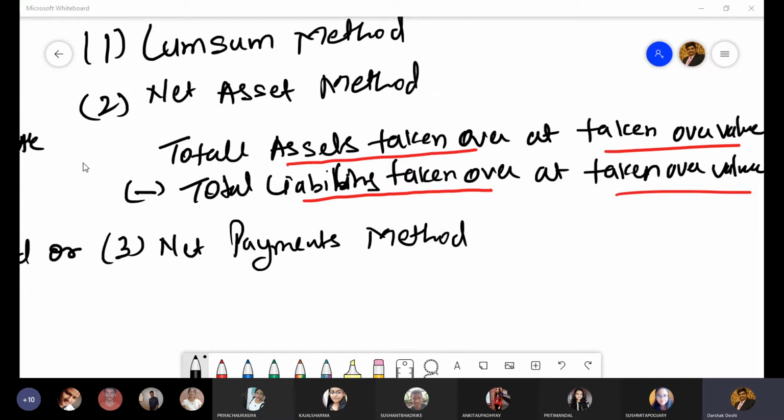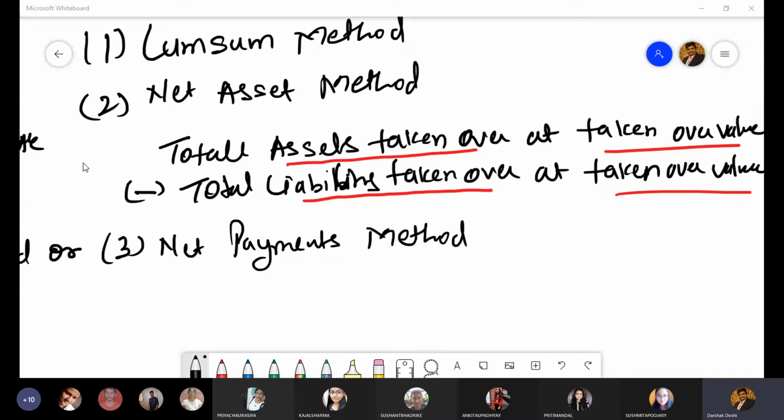The reason behind it is that purchase consideration is calculated for only the amount which is payable to the owners of the company, not to the outsiders. Purchase consideration is the amount payable by the purchasing company to the vendor company, to the owners of the business.